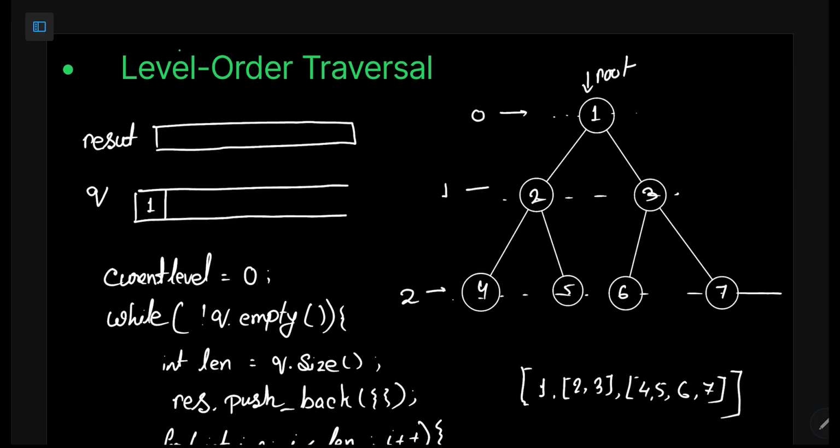Then in the result it will go 1, and then it will also pop out, and current was at the 0th level, so current will be now 1.